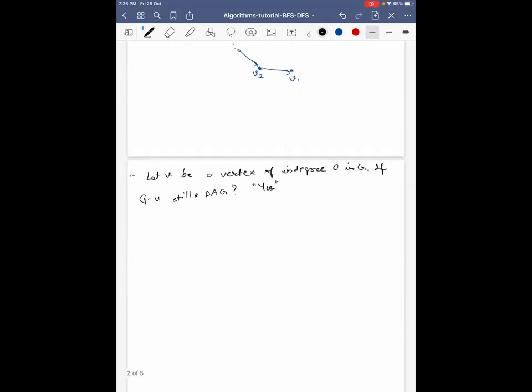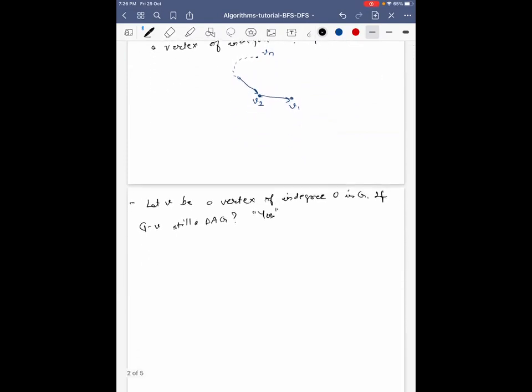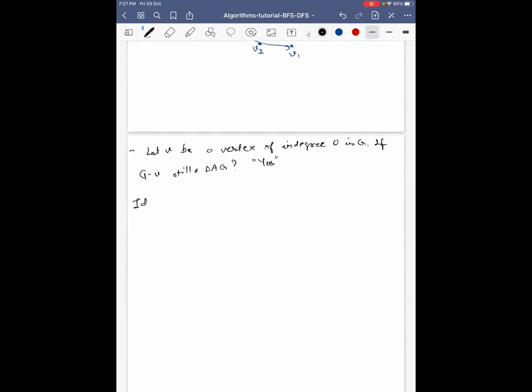Now, using these two facts, can you come up with a procedure for topological sorting? So we keep popping the vertex with in degree 0. Popping or deleting? I mean, popping, attaching it to the list. Oh, okay. Yeah, that's correct. So that will give you a topological order. All the vertices with in degree 0 are not comparable.